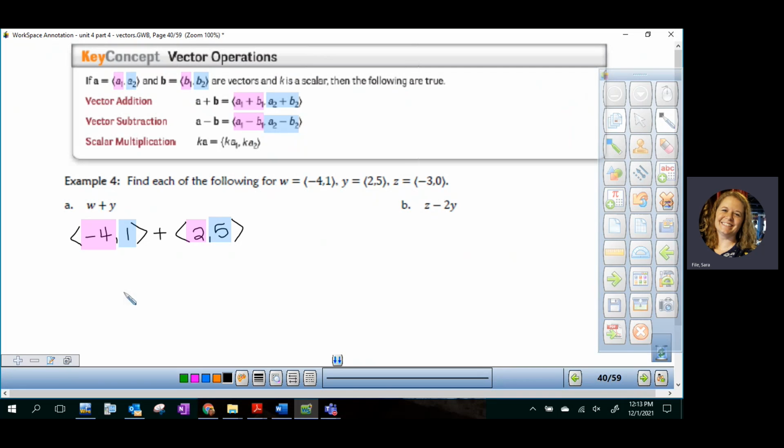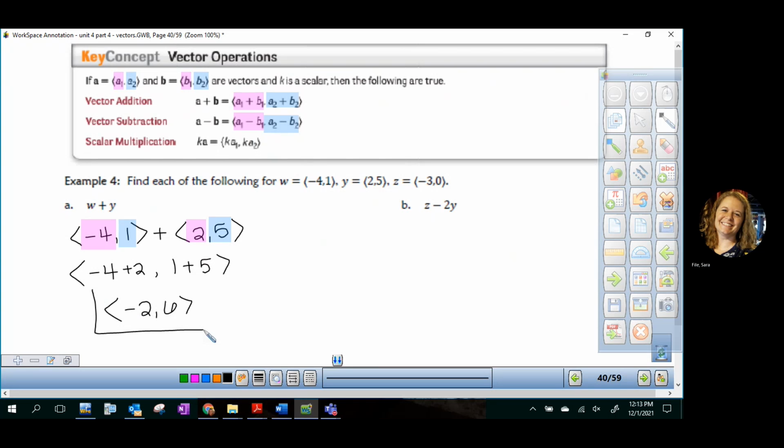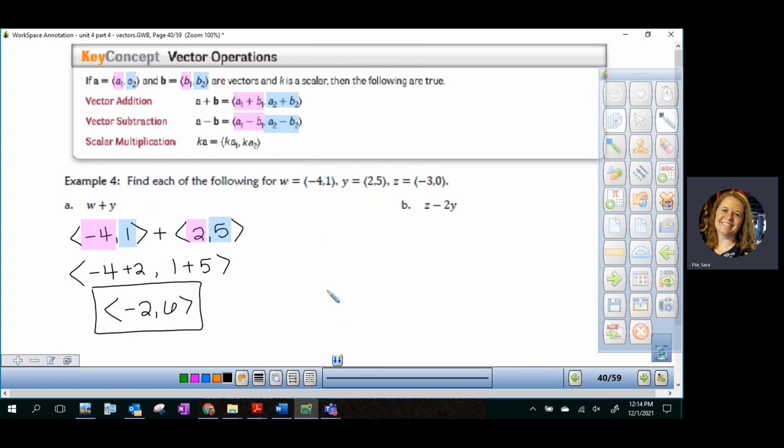You can probably jump straight to your answer. For the sake of our notes, I'm going to show that I'm adding -4 and 2, and then adding 1 and 5. This middle step doesn't have to be written every time. You're going to get the hang of this and be able to go straight to your answer. So that is the resultant vector in component form. Pretty straightforward, right? Okay.